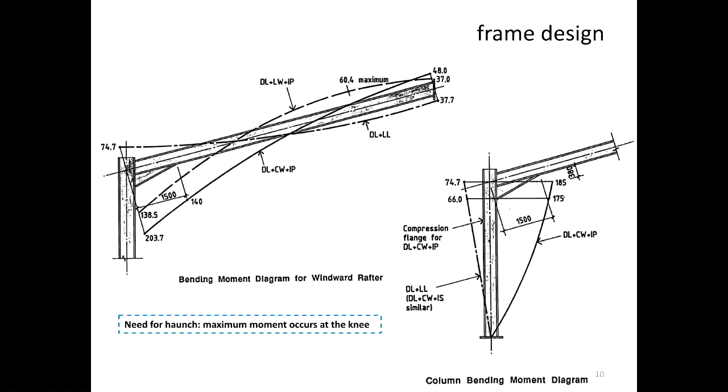So sometimes what will happen is, if I have, can you see this? If I have my column like that, assume that's my column, I will have a haunch with the end plate.